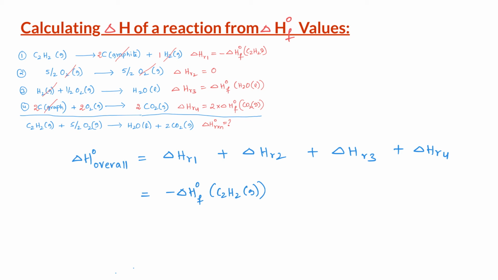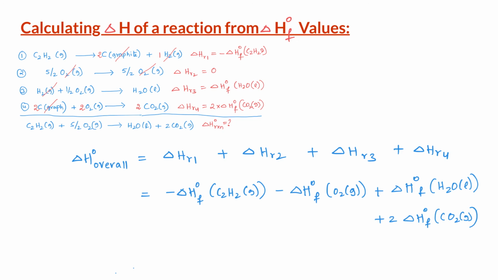The delta H for reaction 2 is 0, but I am going to write this as negative delta H naught F for oxygen gas. Since oxygen gas is in its elemental form and standard state, its value anyhow is going to be 0. The delta H for reaction 3 is equal to delta H naught F for H2O liquid, and the delta H for reaction 4 is equal to 2 times delta H naught F for carbon dioxide gas.